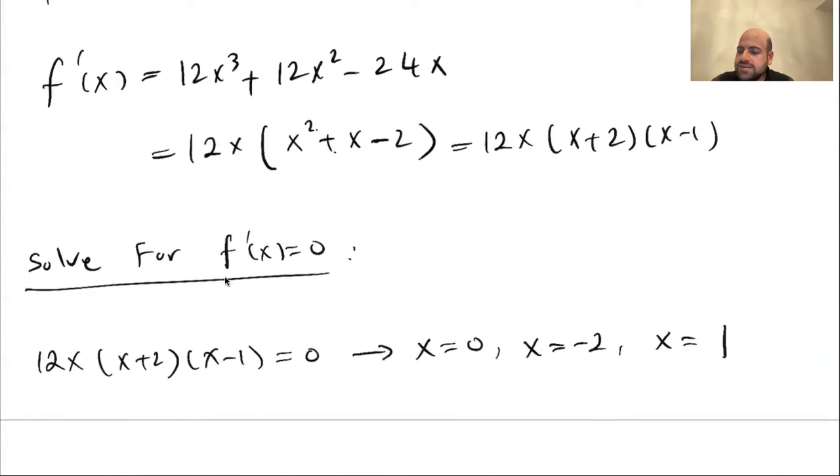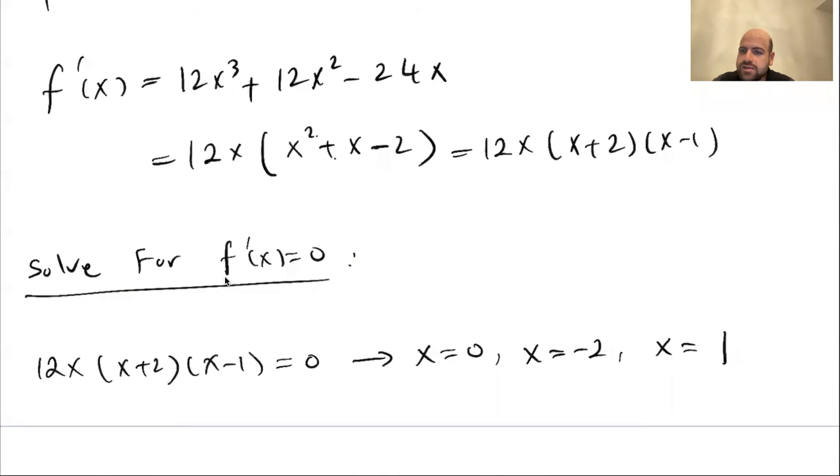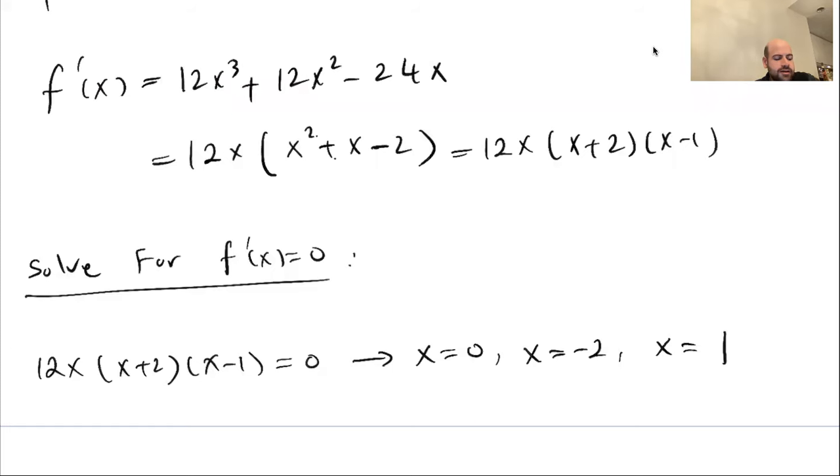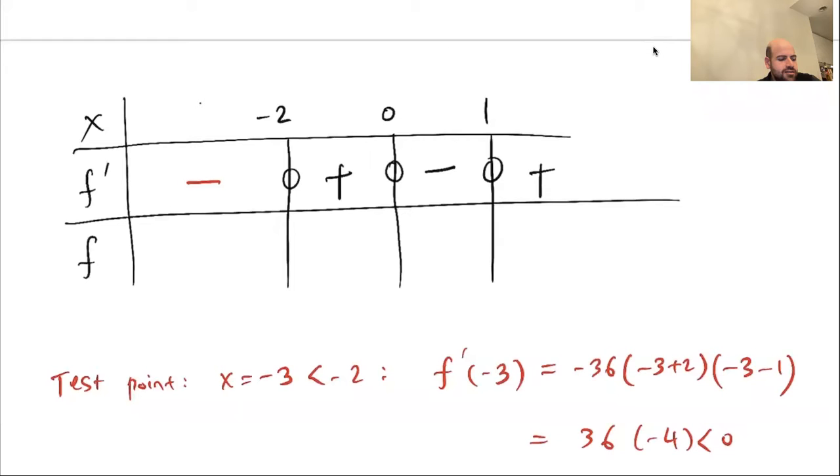But here, everything is a single root. The multiplicity is 1. They're all single roots because there is no power. Power is 1, power is 1, power is 1. So everything is a single root here. And that's why we change the signs alternately here in the sign chart. There's no repeated root here.